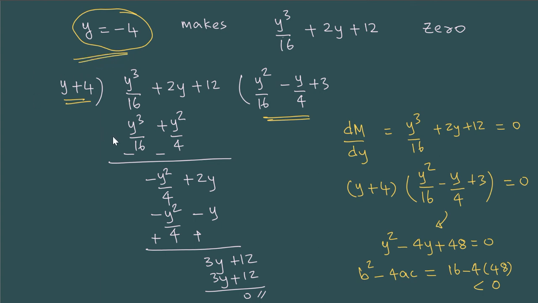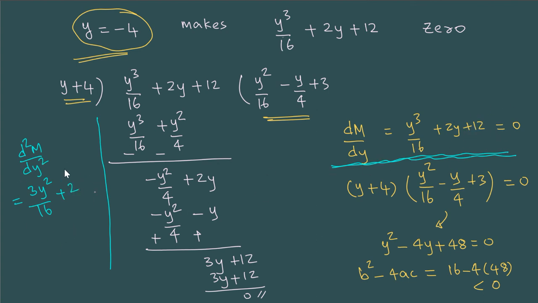But does it really correspond to a minimum? Let us check by getting the second order derivative. So I need to take a derivative of this once more. So I have d2m by dy square is 3y square by 16 plus 2, and the derivative of the constant is 0.